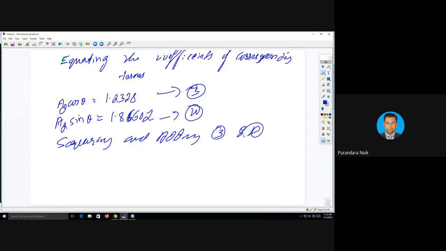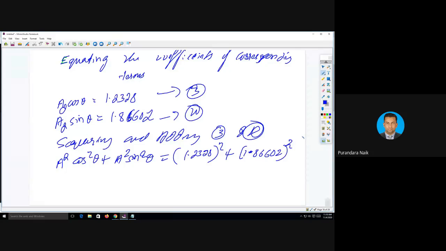a squared cos squared theta plus a squared sin squared theta is equal to 1.2328 squared plus 1.86602 squared. So a common term: a squared is equal to, answer ready, a2 squared.